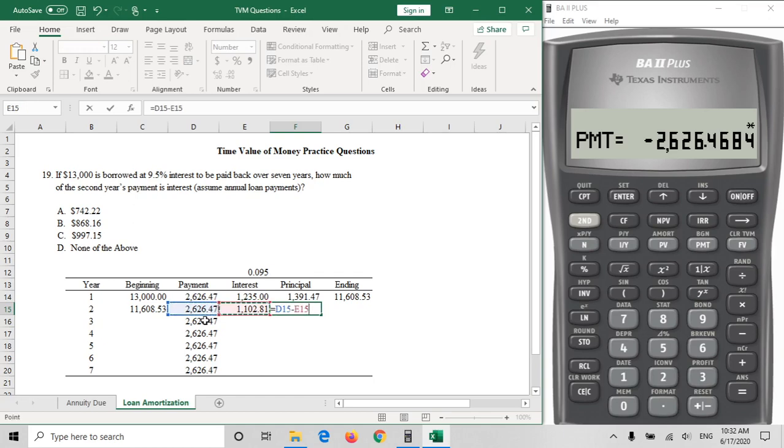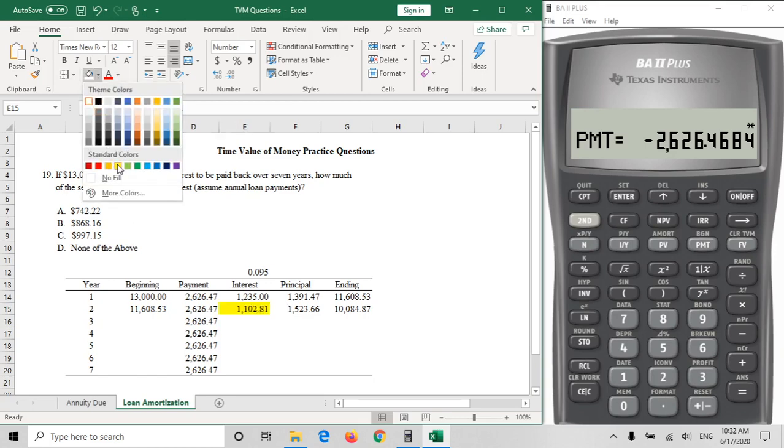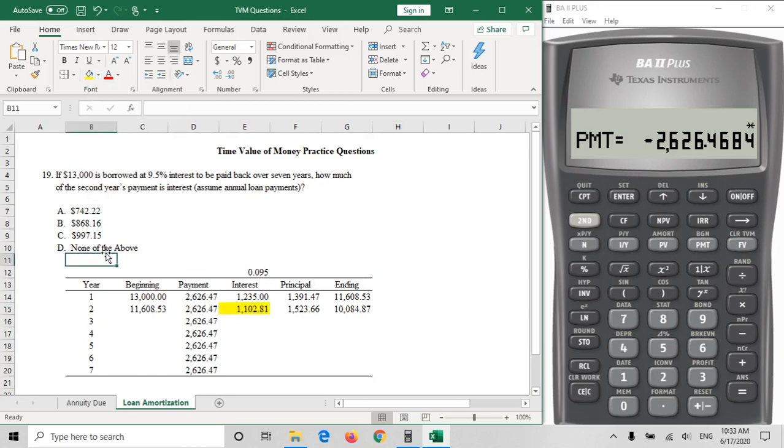So your ending balance is this. I will repeat this. We already calculated the second year's interest, right? So none of the above will be our answer. However, I want to finish this one, and then I want to point out one important concept again, okay?